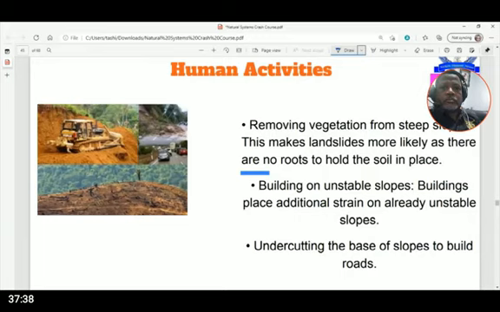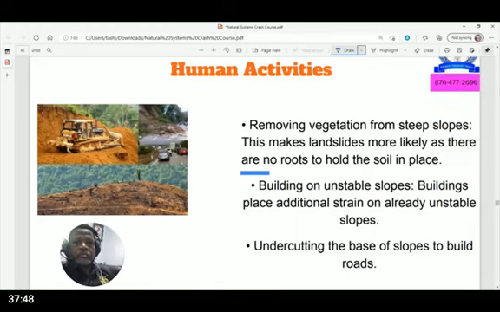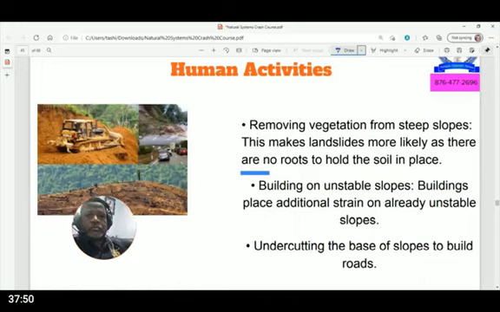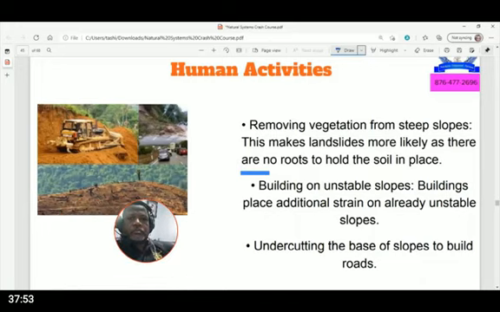The other thing that we do as humans, we build on unstable slopes. You ever drive through some places and you see some house perched at some part, and you wonder to yourself, who put that there? How did they do that? Like nobody thinks it through. You wonder to yourself, right?